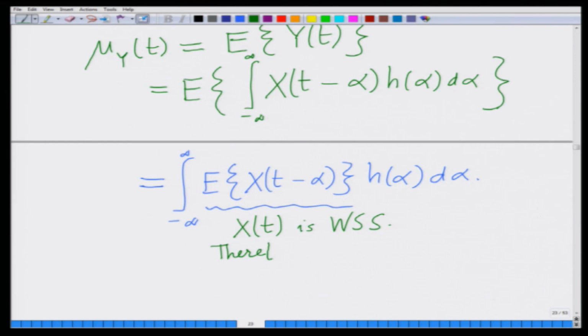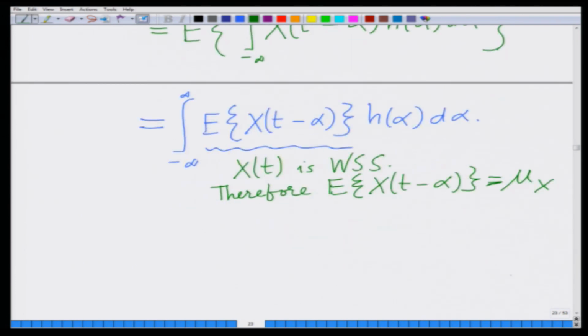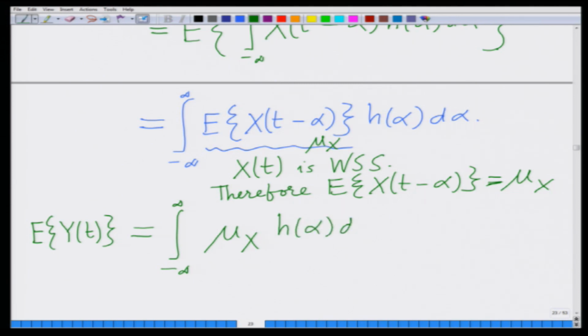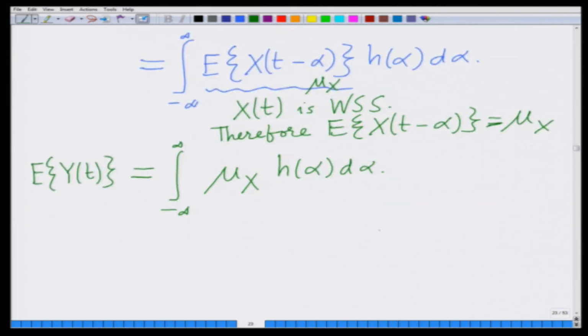Therefore, it is stationary in the mean, which means that at any time x of t minus alpha, the mean is constant, equal to mu x; it does not depend on time. Therefore, the expected value of y of t equals the integral from minus infinity to infinity of mu of x times h of alpha d alpha.